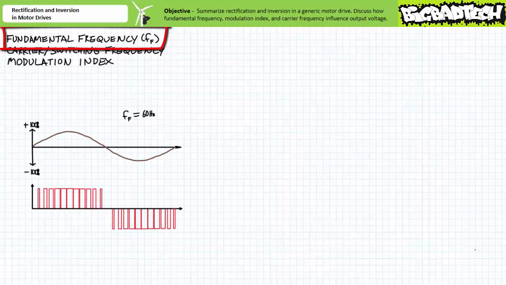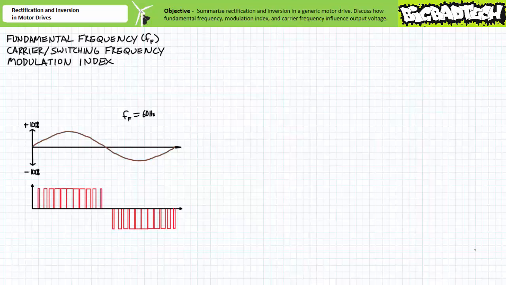First, the fundamental frequency is a measure of the rapidity through which the inverter sweeps through a duty cycle ranging from 0 to 100%, and fundamental frequency directly influences the resultant output of the AC waveform frequency. For our example, the fundamental frequency is set to 60 Hz.